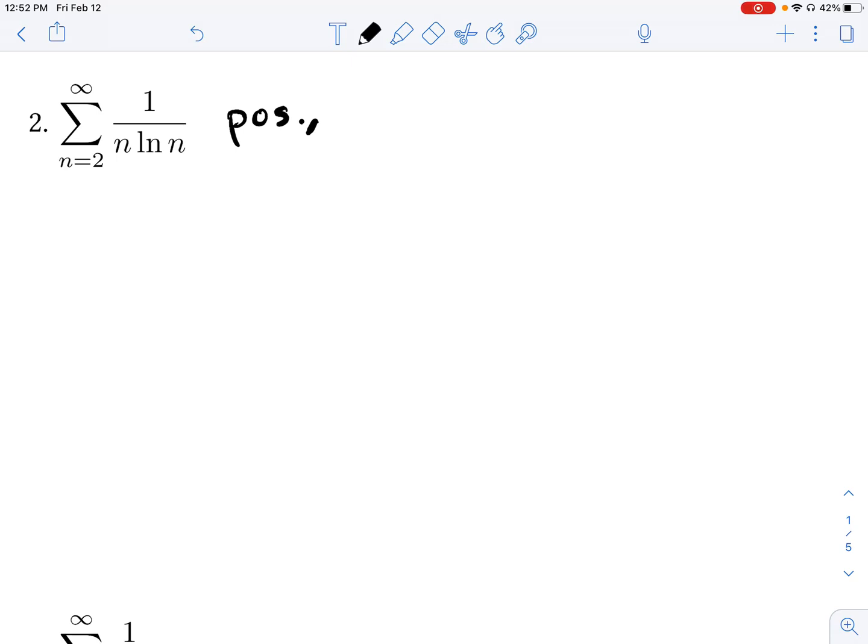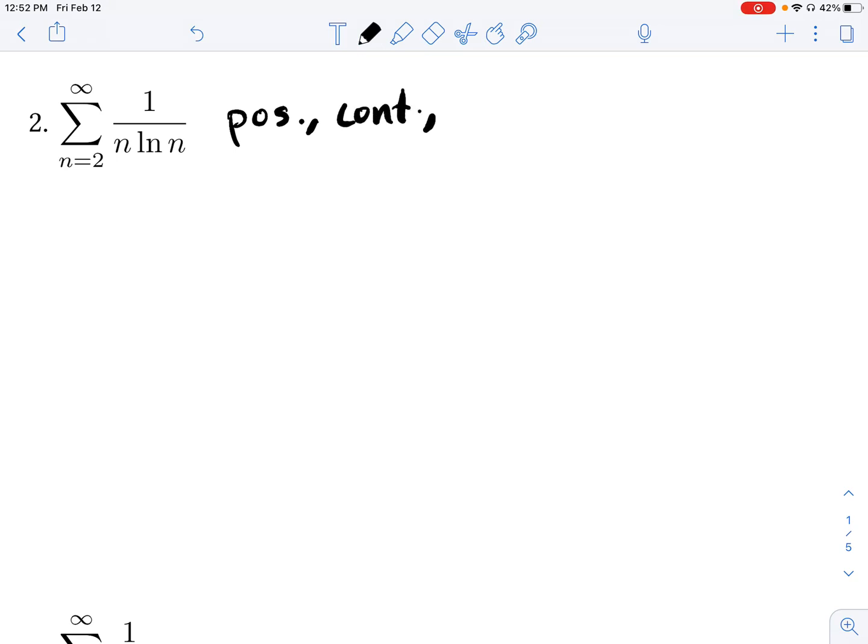Well, we have some danger here. We have an n and a natural log of n here, but those discontinuities would occur when n is equal to 0, because that would cause this to be equal to 0, and when n is equal to 1, because the natural log of 1 would be equal to 0. But fortunately for us, our lower index starts at 2. So given where the lower index is, we can say that this function is continuous.